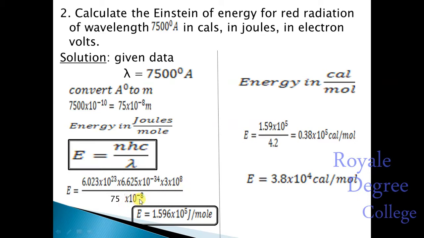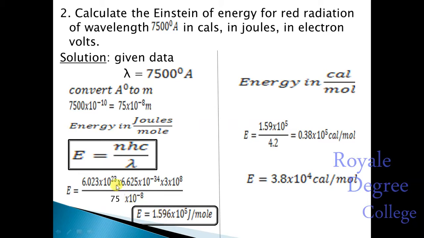Lambda we have just calculated in meter, that is 75 into 10 to the power minus 8. Now we multiply 6.023 into 6.625 into 3, and whatever value we get should be divided by 75. So you will get 1.596.